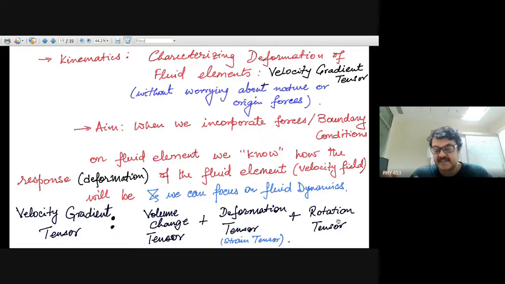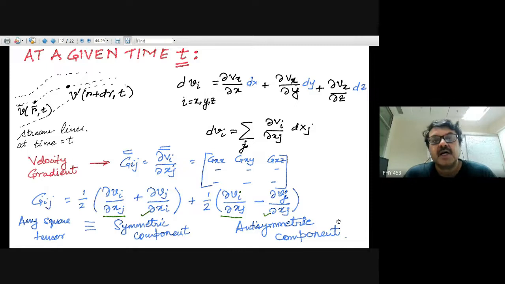So that's the aim of today's discussion, not only to define that, but also how to break it up into three parts. Okay. So that was the preamble, and to come to the actual point of what we're going to discuss today, step by step.